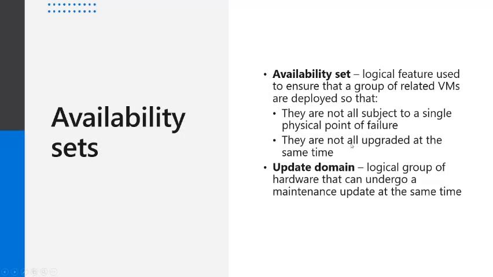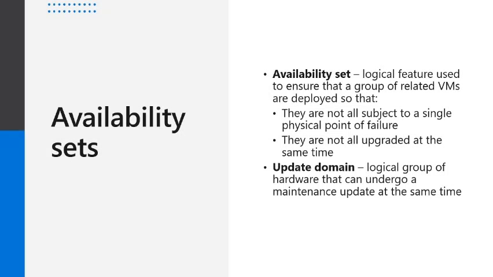Obviously, you have more than two virtual machines, so you can easily recover or divert your traffic in case of one virtual machine failure. They are not all upgraded at the same time, which is another feature, because if updates are coming up and you have only one virtual machine, then for sure your system will be down for some time.